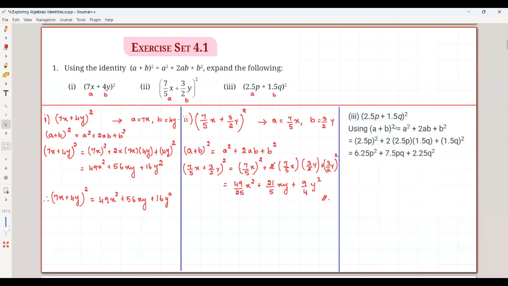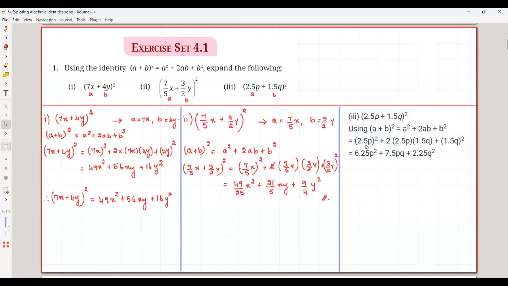So using a plus b the whole square is equal to a square plus 2ab plus b square. In the place of a, we take 2.5p the whole square, plus 2 into a b, 2.5p into 1.5q, plus b square, which is 1.5q the whole square. So we know that 25 square is 625.